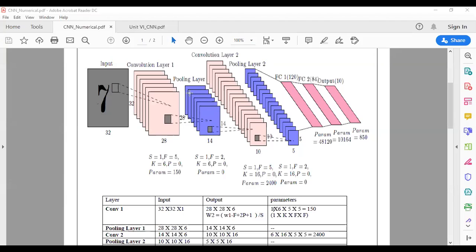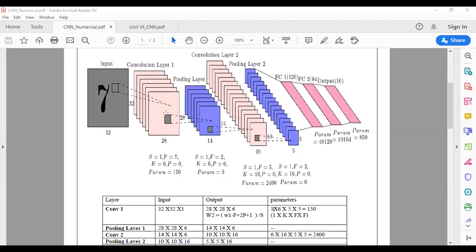So now when we go to the pooling layer, the operation that we are doing is a maximum. There is no weight that has to be calculated. So when I go to the pooling layer, there are no parameters that I have to work on. In the first layer, what was given to us? 6 filters of dimension 5 by 5.